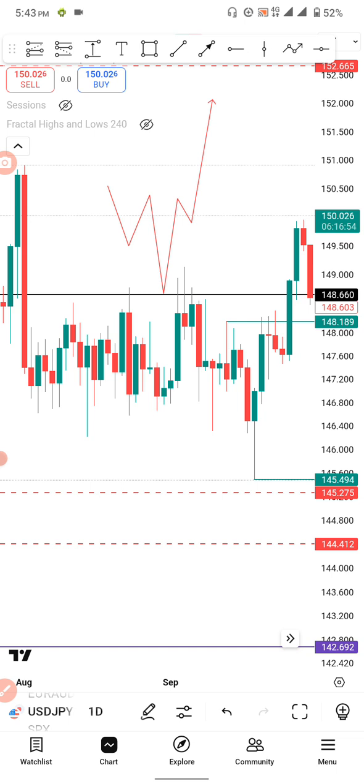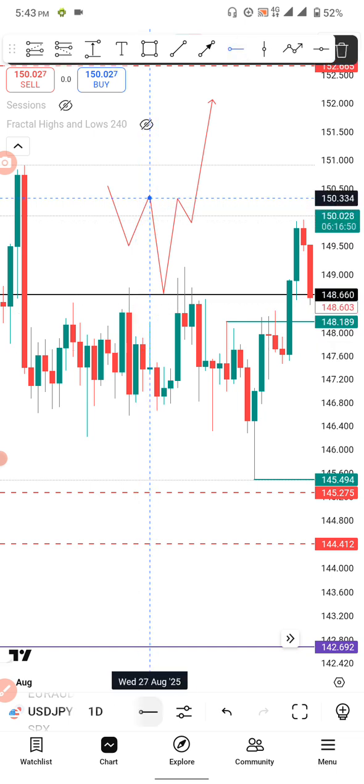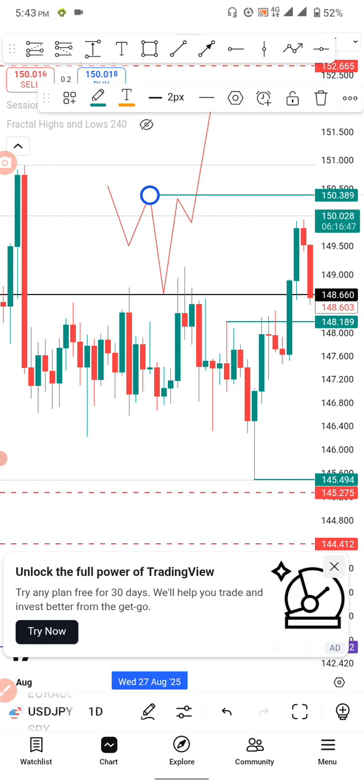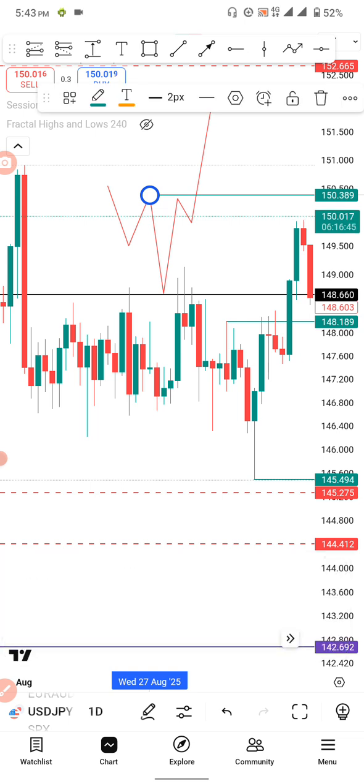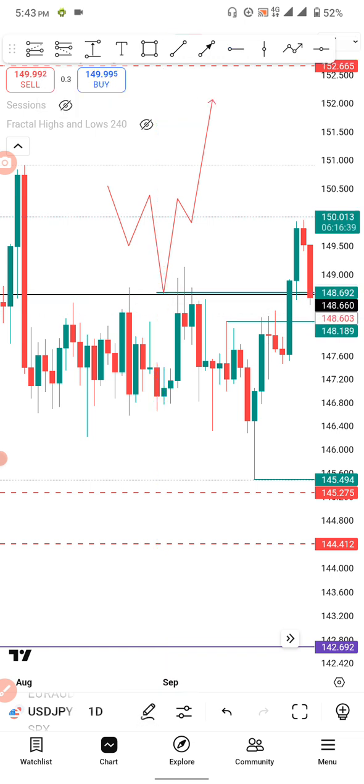But if you know how to label these highs and lows, you will know that that is the high and that is the low that led to the break of structure.